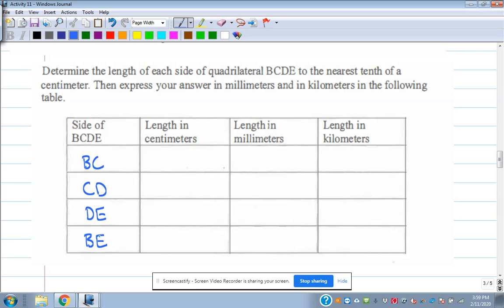So that's the order I drew them there. So I'm going to try to measure. I'm going to measure again on my paper because when I copied it, I stretched it or something. So from B to C, and we'll just get all our measurements in centimeters, and then we'll go do the conversion.